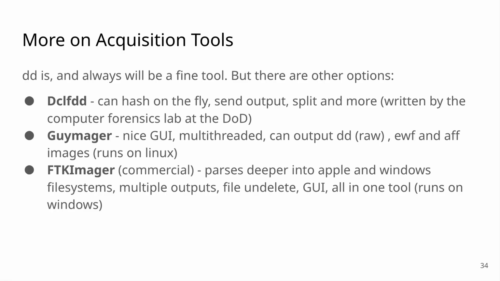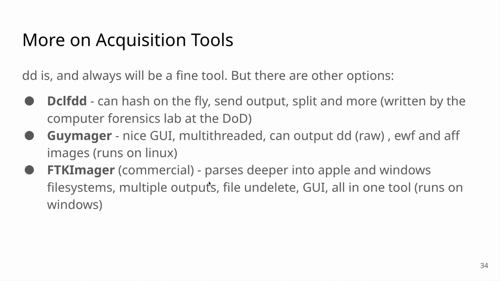It can also do basic file undelete, and it's a pretty nicely packaged tool. Of course, on Linux, there is another tool that we'll talk more about called Autopsy that also does these undelete operations and all that stuff, in a graphical way.